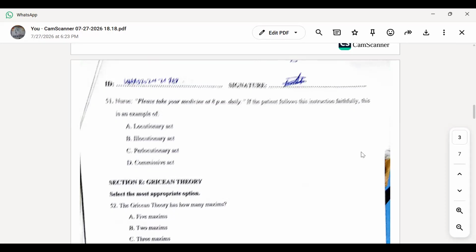If the patient follows these instructions faithfully, this is an example of one: A, locutionary act; B, illocutionary act; C, perlocutionary act; D, commissive act. What should it be?